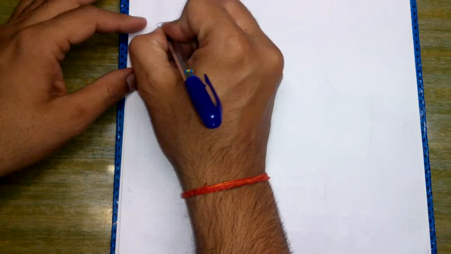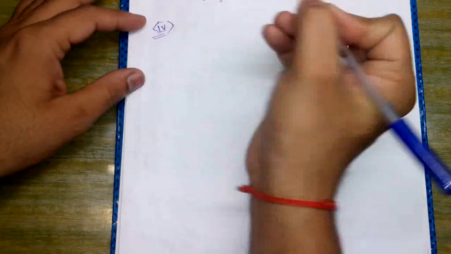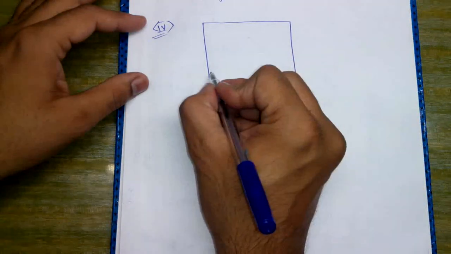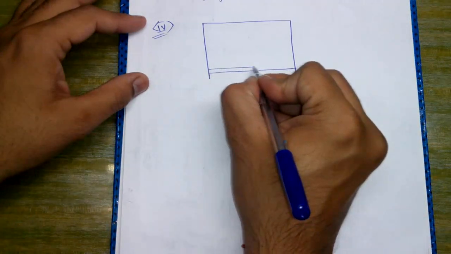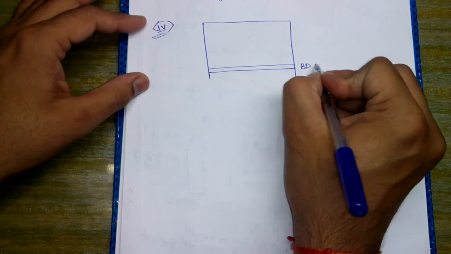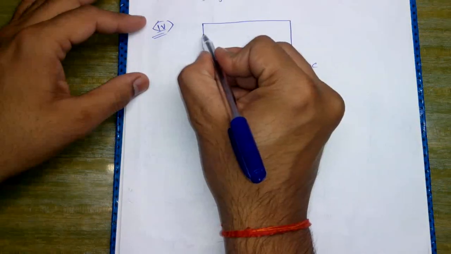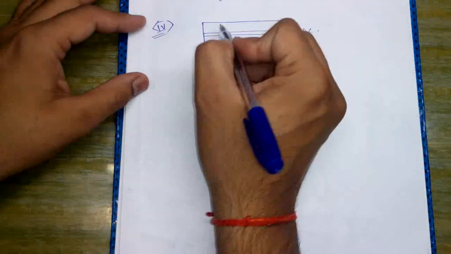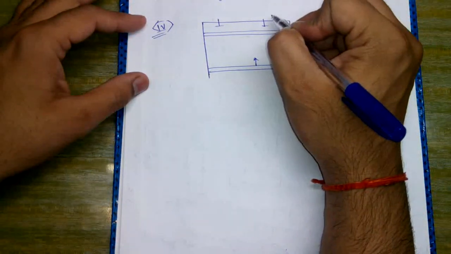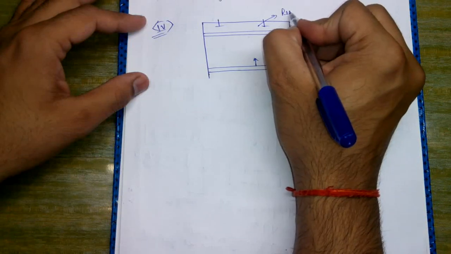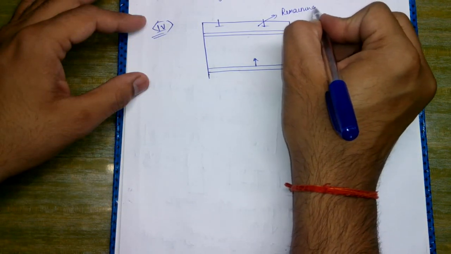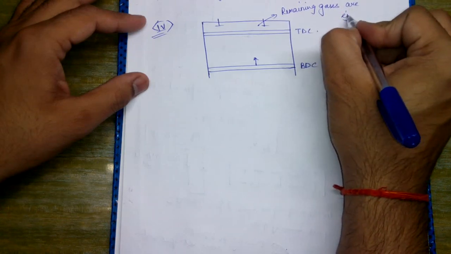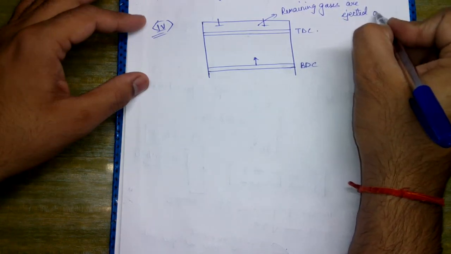Now I will draw the fourth diagram, and in the fourth diagram again we are having the movement of the piston from the BDC to the TDC. ये BDC था, यहां से पिस्टन हमारा मूव करके जाएगा टॉप डेड सेंटर पे. और जो हमारी गैसेस हैं, now remaining gases are ejected out.